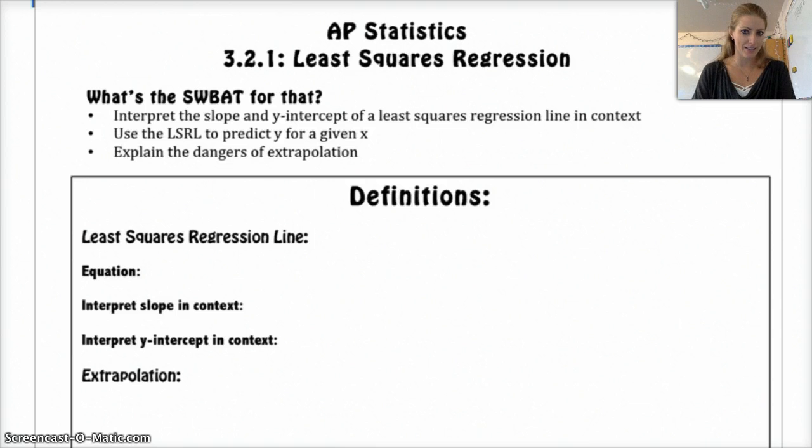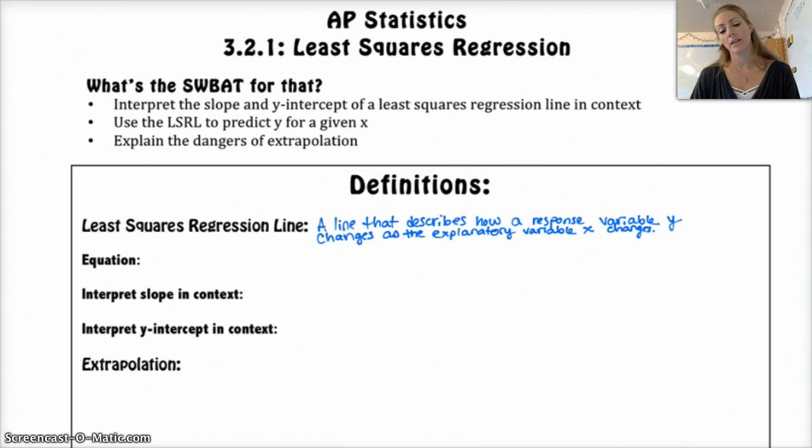But in stats, it is more formally known as the least squares regression line because of how it's actually calculated. Right now, before I get into depth, it is basically just a line that describes how a response variable, remember response is on the y-axis, how the response variable y changes with respect to x, or the explanatory variable.